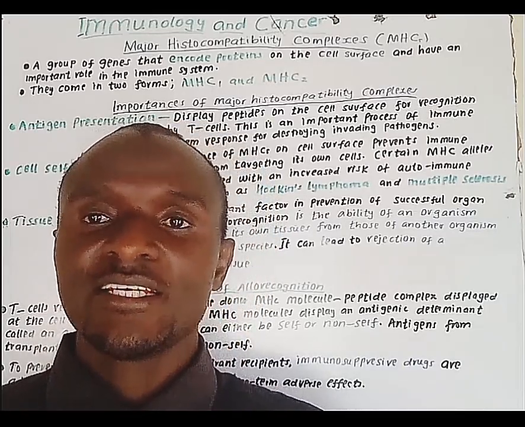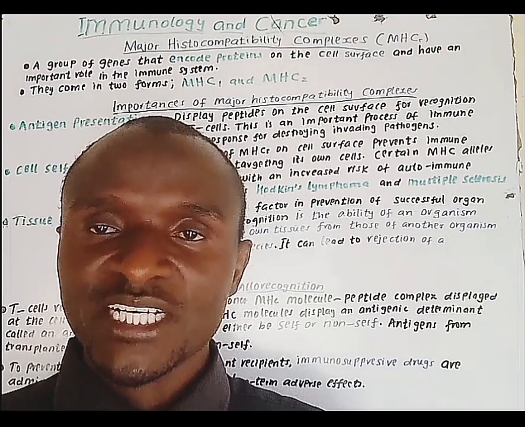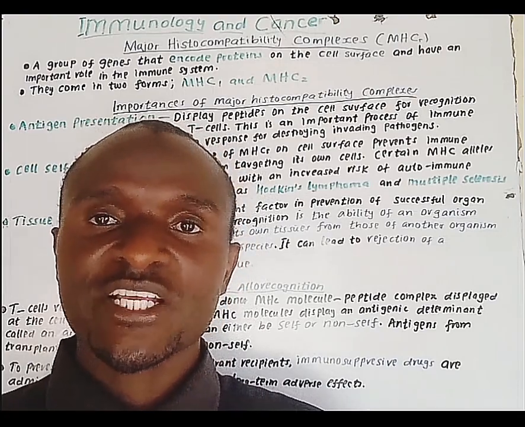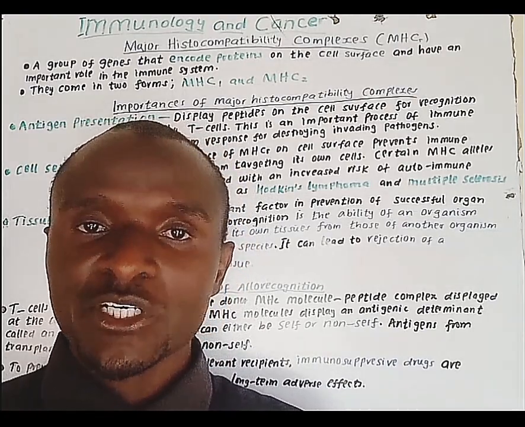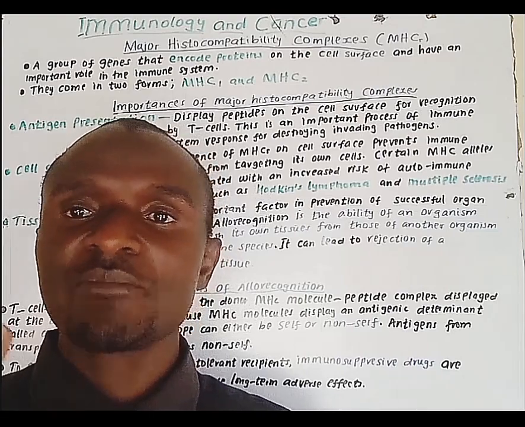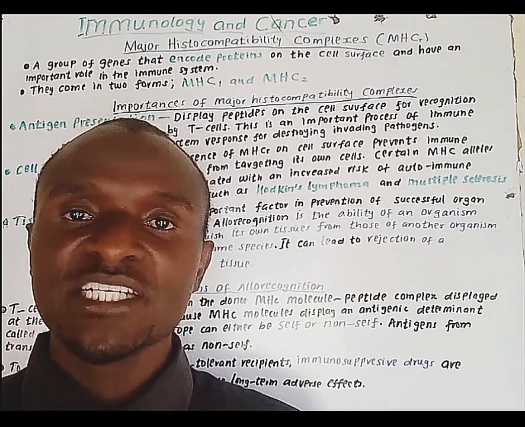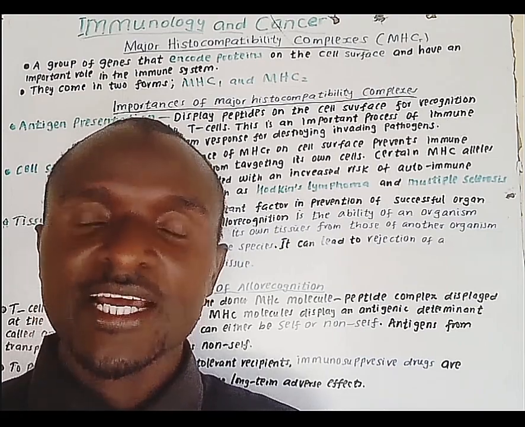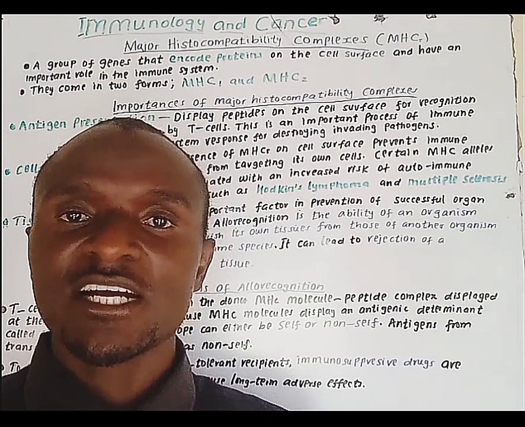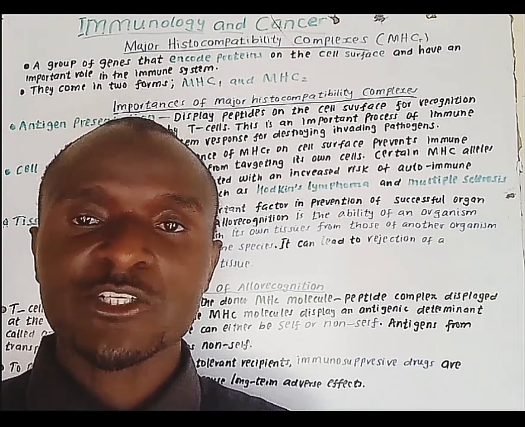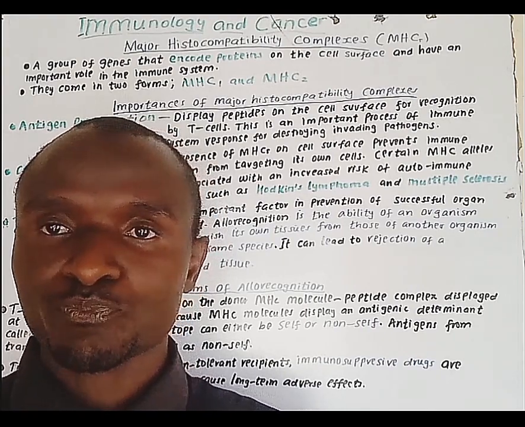Let's look at major histocompatibility complexes. So what are they? These are important genes that encode proteins on the cell surface. They have an important role in the immune system. They come in two forms. The first form is MHC1, that is major histocompatibility complex 1. And the second form is MHC2, that is major histocompatibility complex 2.